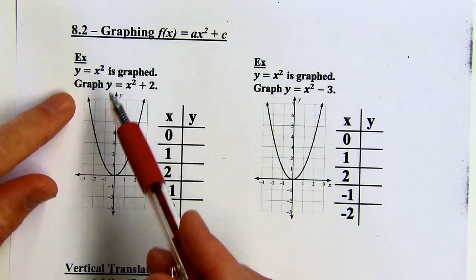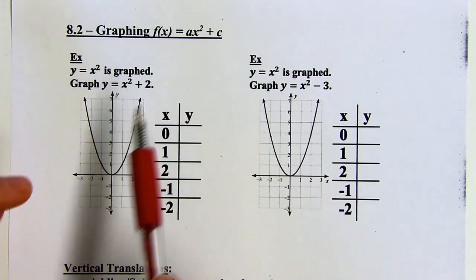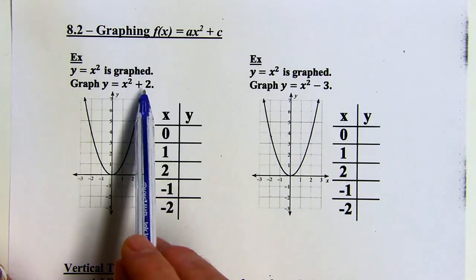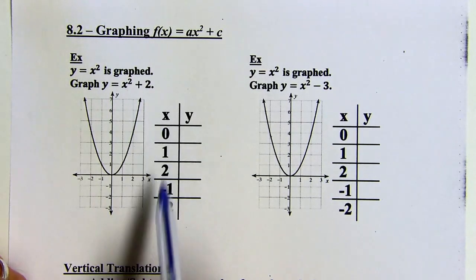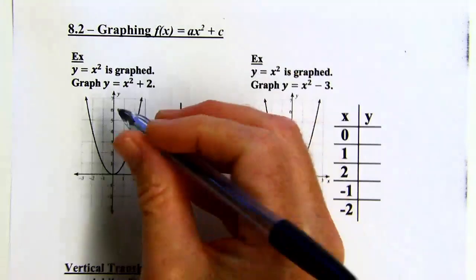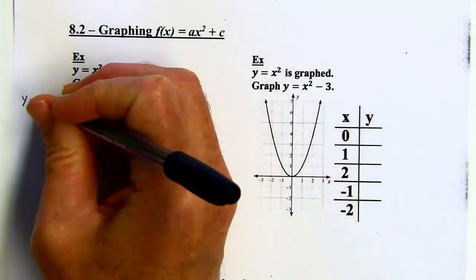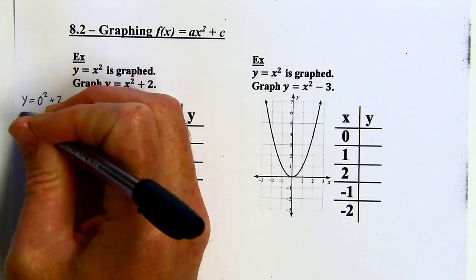Okay, so this says y equals x squared is graphed. Okay, so let's graph y equals x squared plus 2. So since we haven't added or subtracted anything to the end yet, let's just make an xy table. I've got some x's already filled in here, and let's just plug them into the equation. So if I'm plugging in 0 for x, then I've got 0 squared plus 2.